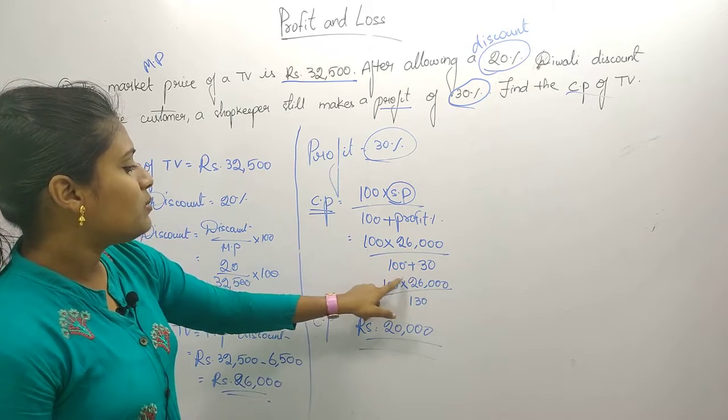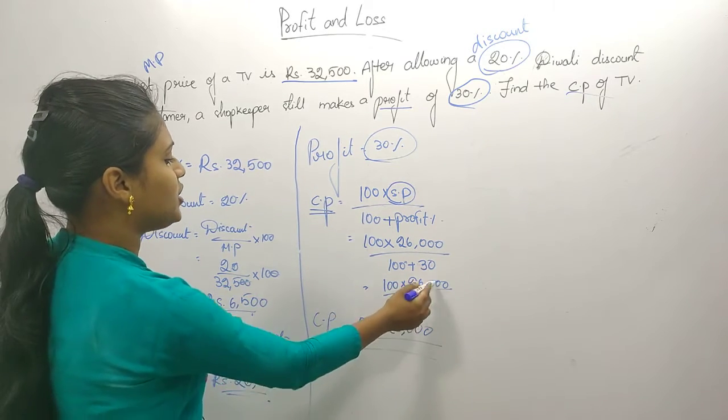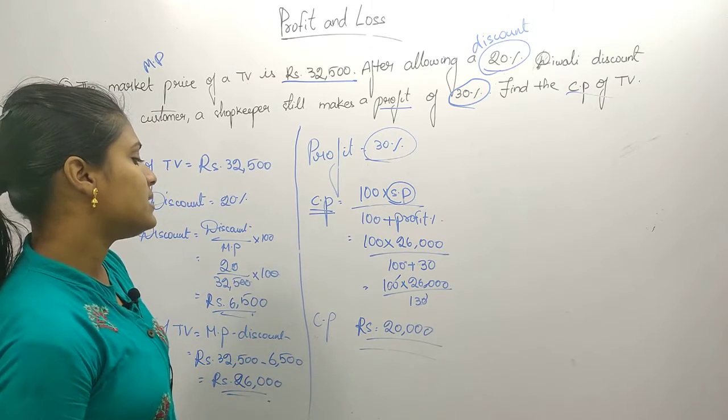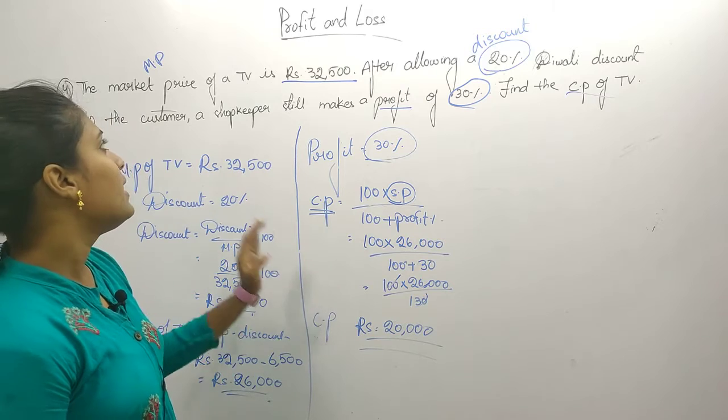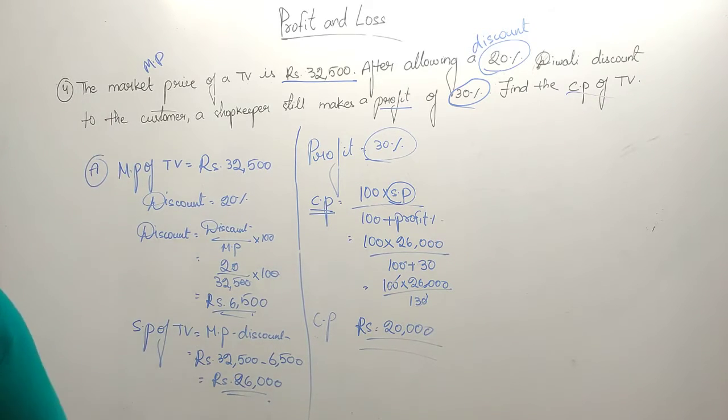By adding both, we get 130. By doing all this cancellation, we get rupees 20,000. It is the cost price of the TV. Okay. Solve the next question.